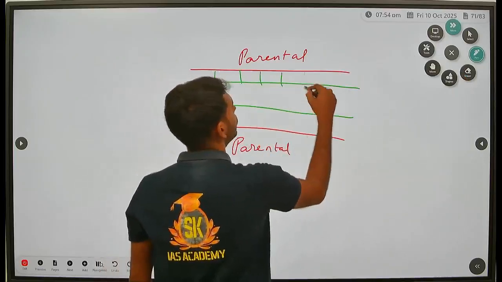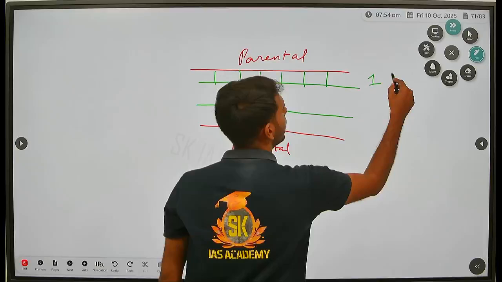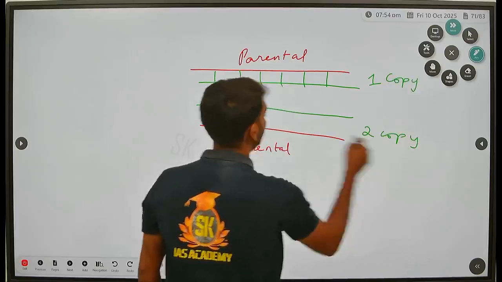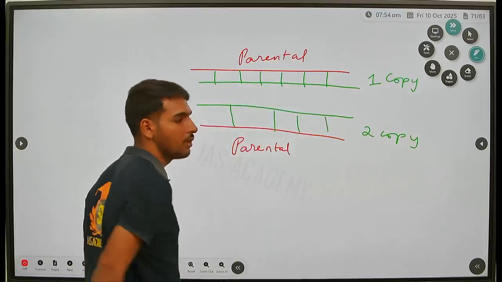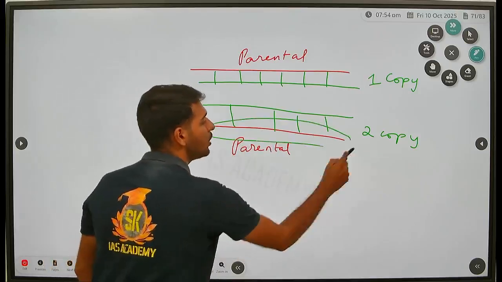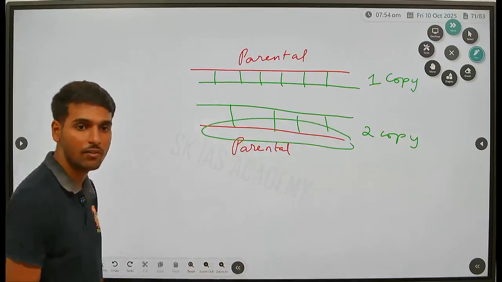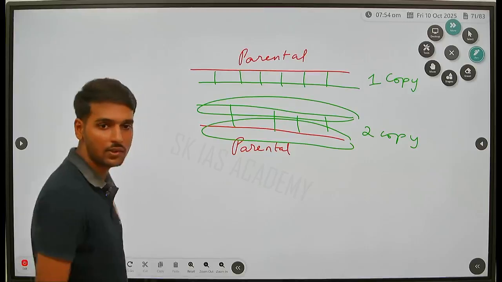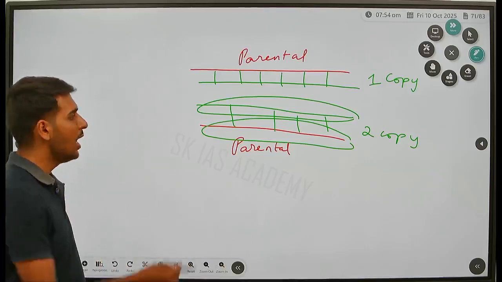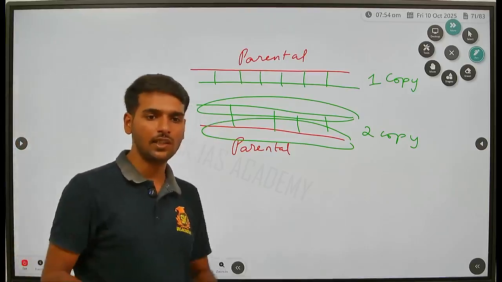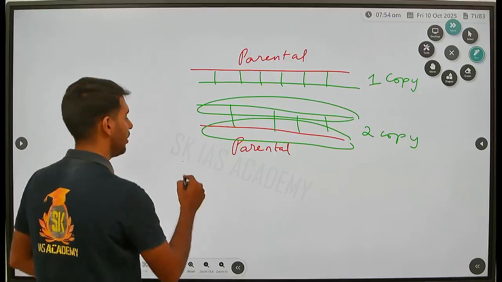As a result, this will be one copy and this will be your second copy. So this is your semi-conservative model. Semi means half is conserved. Half of the old strand is conserved and half of the new strand is produced. And this DNA replication is done by various enzymes, for example, DNA polymerase enzyme.